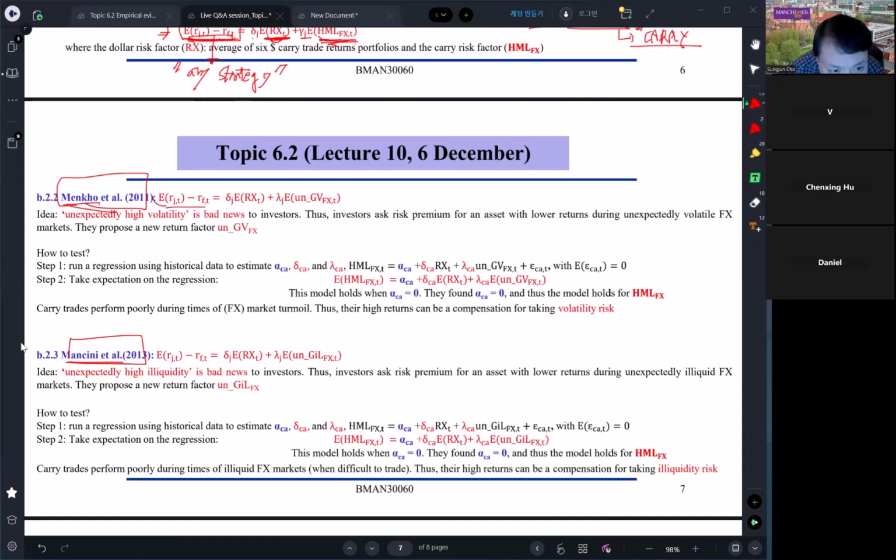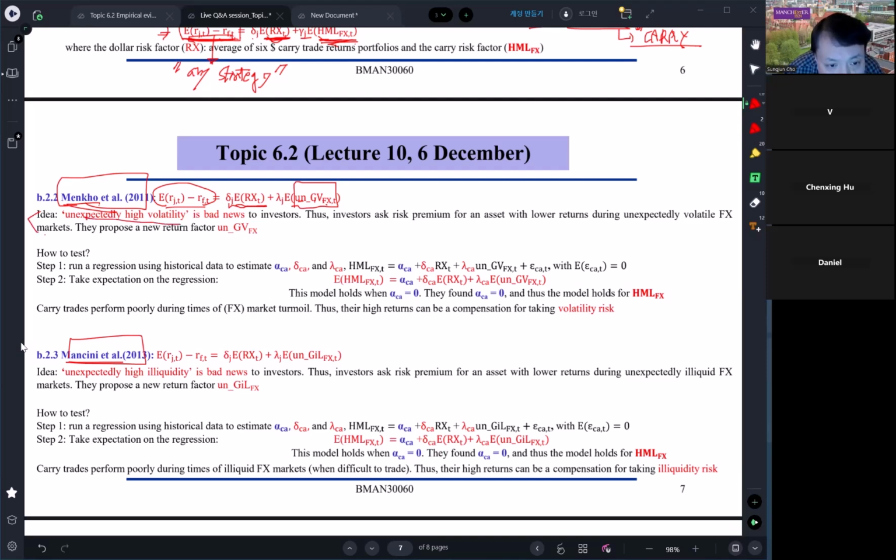Any excess return from implementing not only carry trade, all currency trade, the average return from implementing any currency trade, including carry trade, is equal to the risk premium coming from average FX movement plus they proposed to use unexpected increase in global volatility in FX market. So their argument is this.